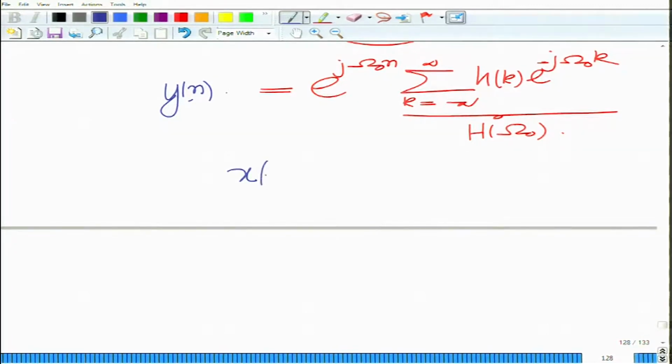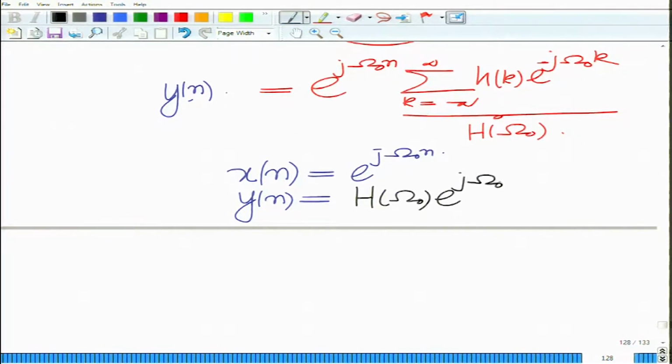So, if x[n] is e raised to j omega naught n, then the output signal y[n] is simply a scaled version of the input signal, H(omega naught) times e raised to j omega naught n, and therefore this is also known as the eigenfunction, or the eigen signal, of this LTI system, because the output is simply a scalar multiple times the input.